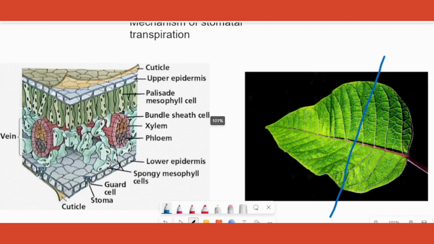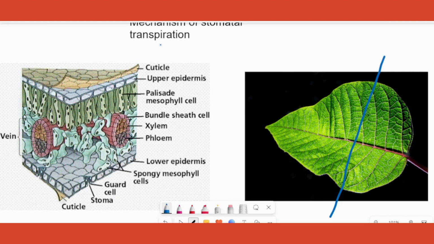Now have a look at it properly and you will understand how transpiration is occurring. As you know, from the soil, water enters into the root tip. From the root tip, it enters into the cells of the root. As it is going, it reaches the xylem of the root, then the xylem of the stem.